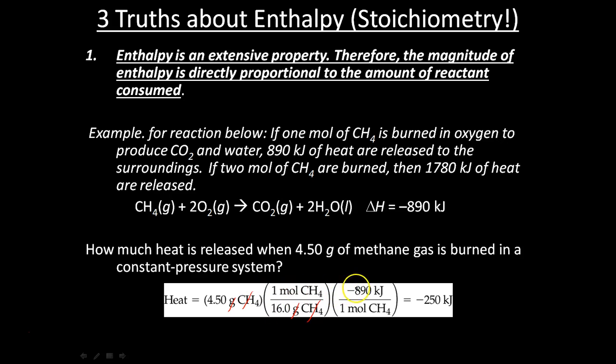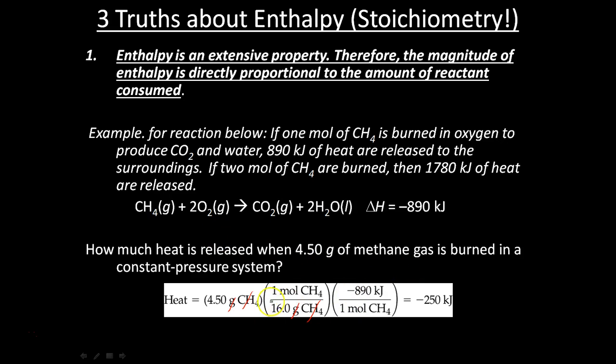And then the next thing we're using is that for every 1 mole of methane, we're getting 890 kilojoules. Where did we get this conversion from? If you look back at the balanced chemical equation, we see that there's a coefficient of 1 understood to be here, and 1 mole of methane will produce this much heat as long as we have enough oxygen to completely burn it.